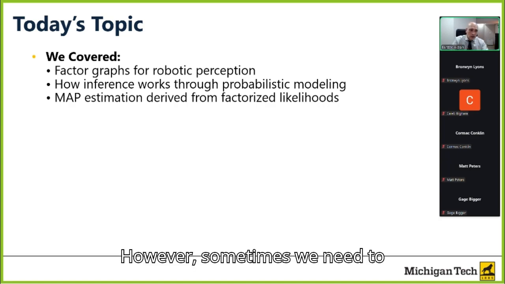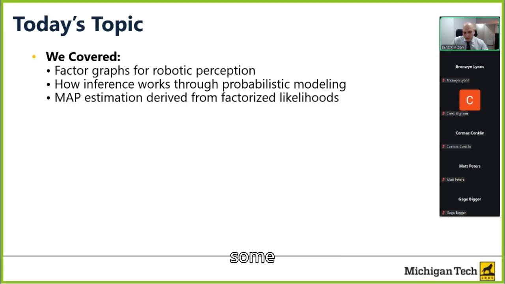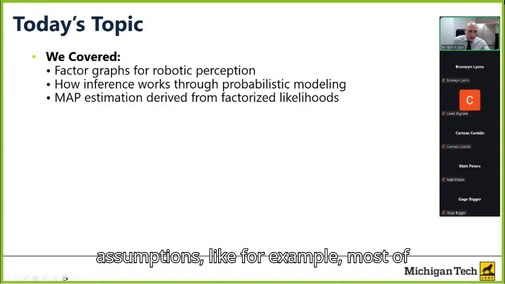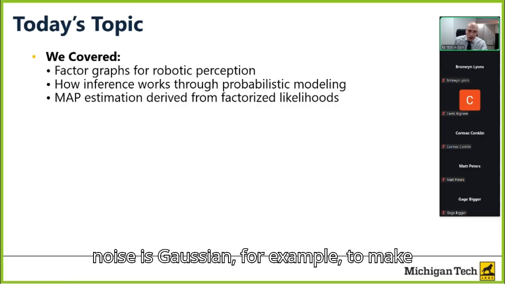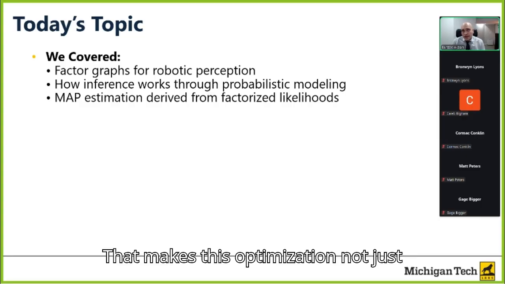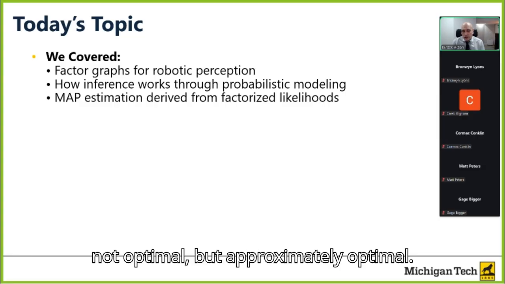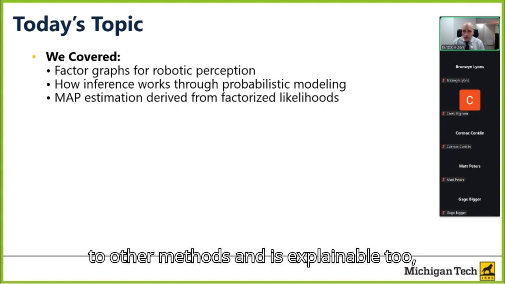However, sometimes we need to do some approximation or make some assumptions. For example, in most cases we assume that the noise is Gaussian to make everything easy. That makes this optimization not exactly optimal, but approximately optimal. But it is still very good compared to other methods, and it is explainable too.